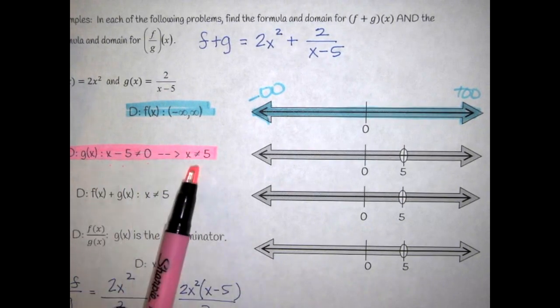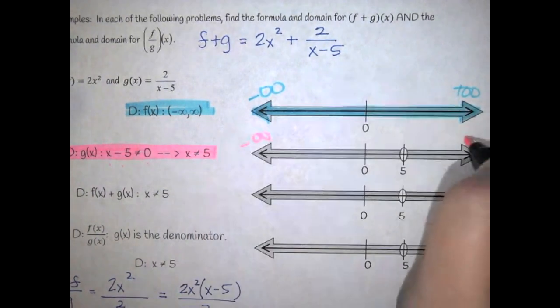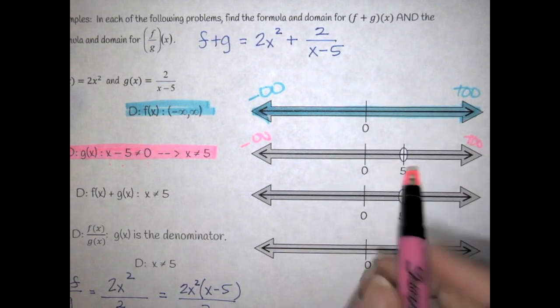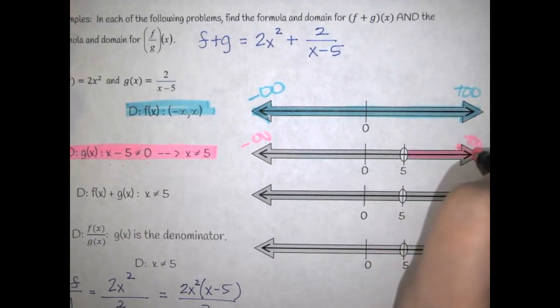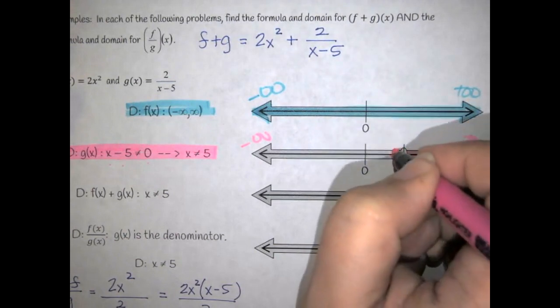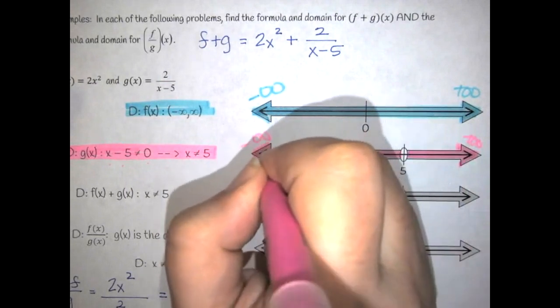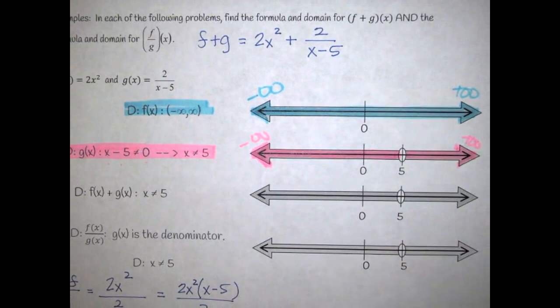When we solve for x, we get that x cannot be 5. So notice, if this is my negative and this is my positive, I've left a hole at 5. However, everywhere else works without any problem, so we have shaded in the whole rest of it. The only place we don't have shading is right there at 5, a hole that, say, your pen could drop through.